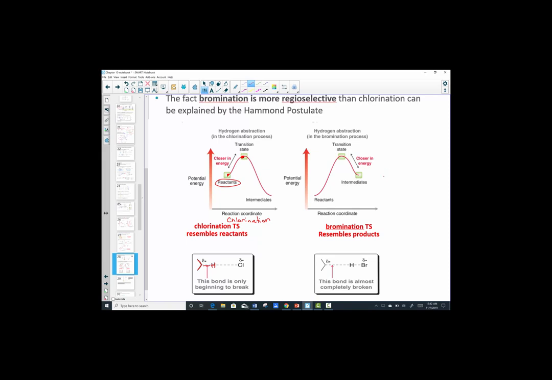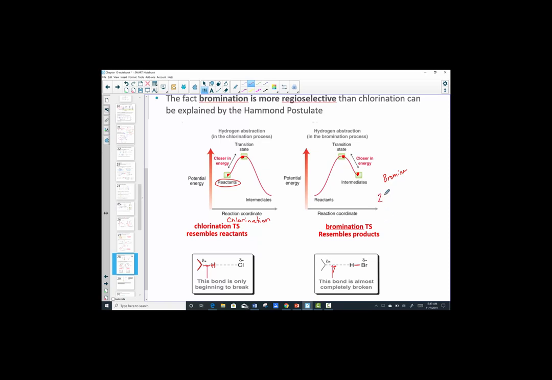Whereas on the other side, this is the bromine thermodynamics, the transition state is closer to the final product, which means that this bond is just about completely broken and this bond is just about completely formed. Therefore, the bromination is going to resemble the products at the transition state.